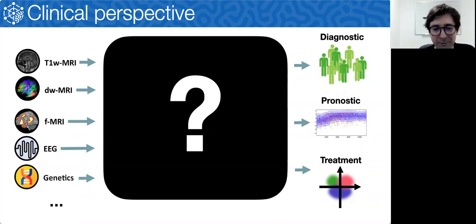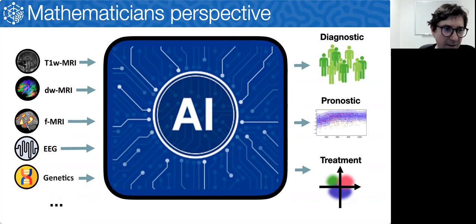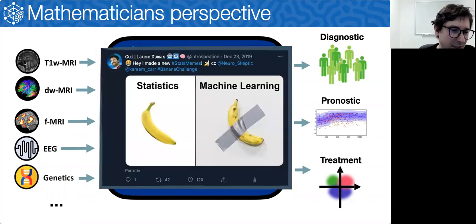The easy way of answering this wish is more like the startup perspective. So say we got to put AI in this black box, not necessarily explaining that. And our product gonna do the rest. But when you explain that to computer scientists or mathematicians, they tend to see this as a joke.